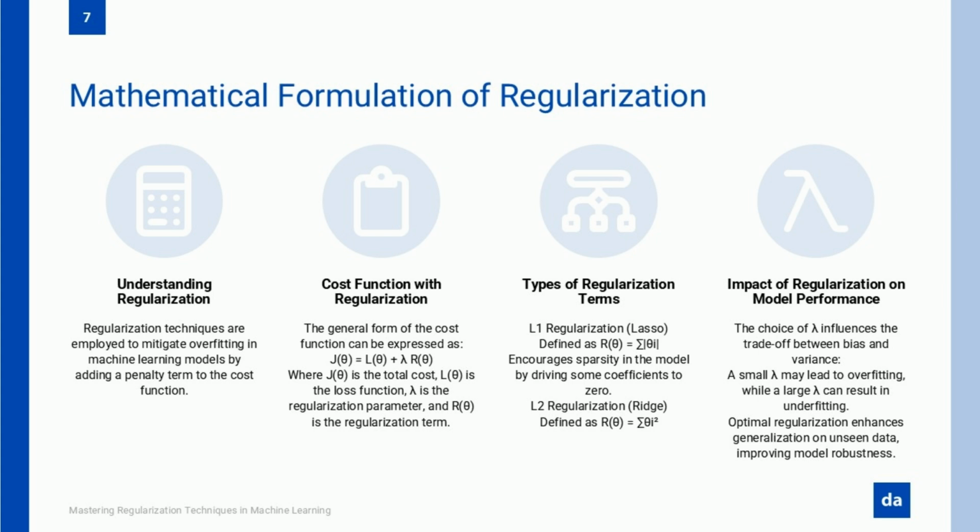ElasticNet, a mix of both, removes useless features but keeps important ones balanced. And the best part? You don't even have to code these formulas from scratch. Scikit-learn already has these built in. You just have to tweak alpha in Python to get the right balance.